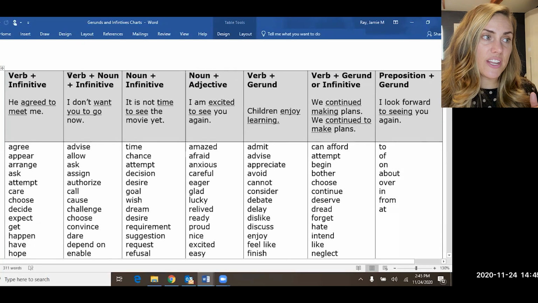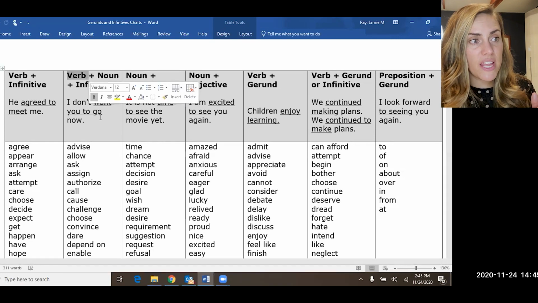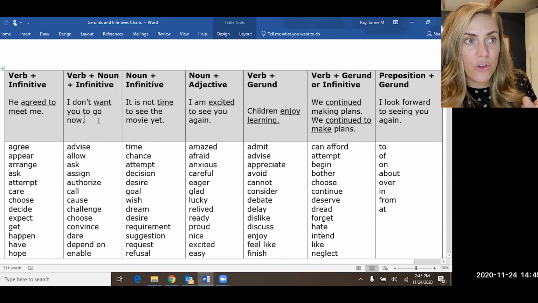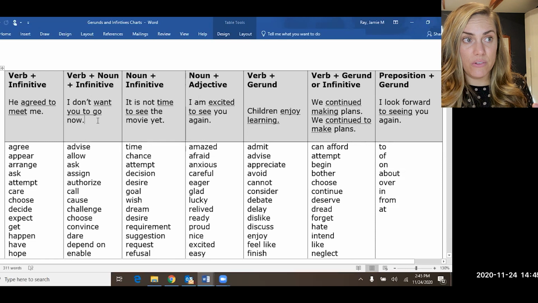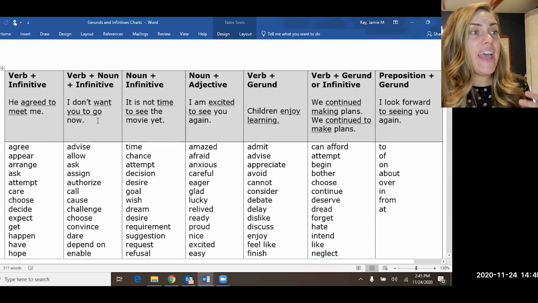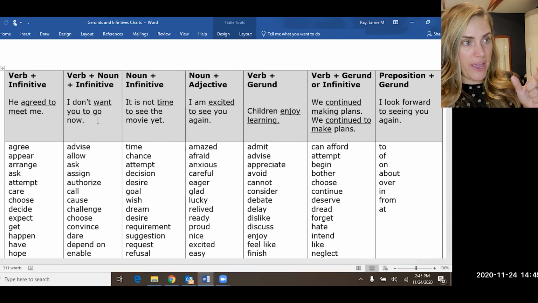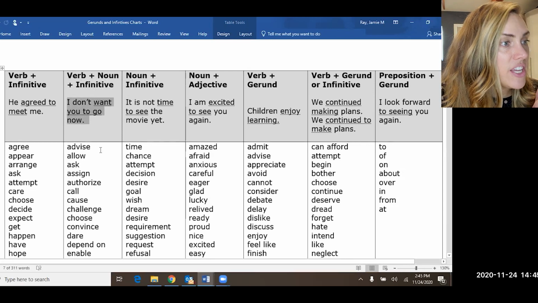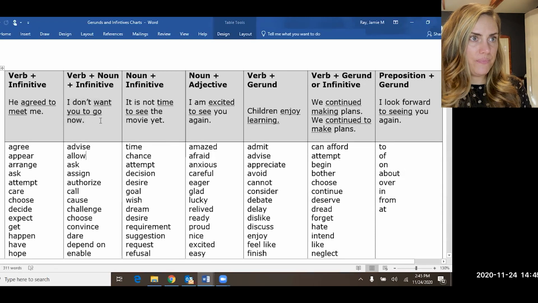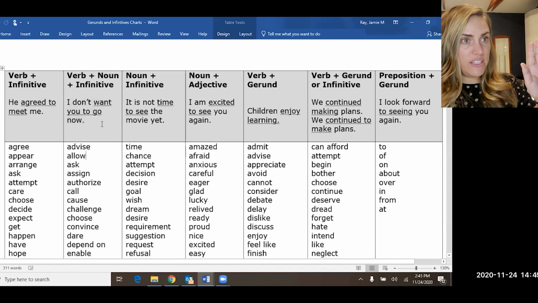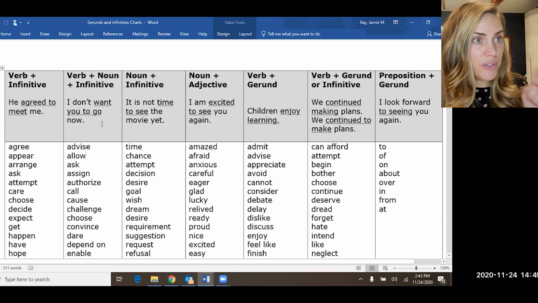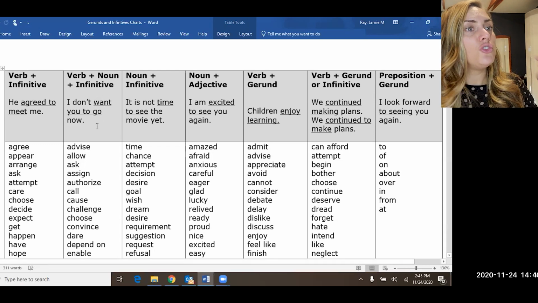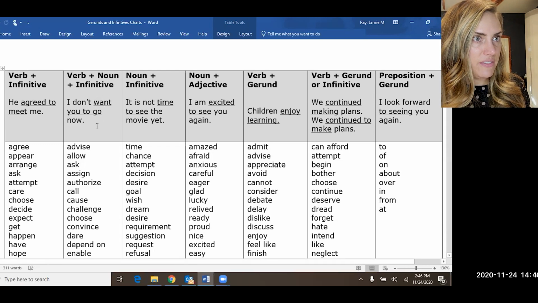The next chart is a list of verbs that take a noun or a pronoun, which is a word like it, me, you, he, she, then the infinitive, okay? So for example, like this sentence, I don't want you to go now. I don't want's the verb, you, that's the noun or the pronoun, to go, that's the infinitive, okay?